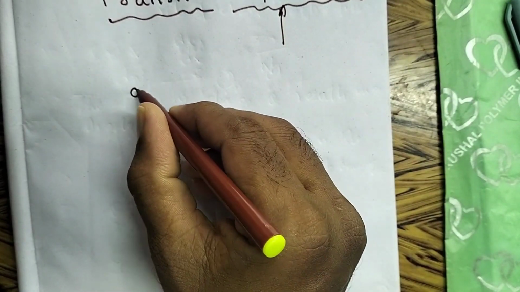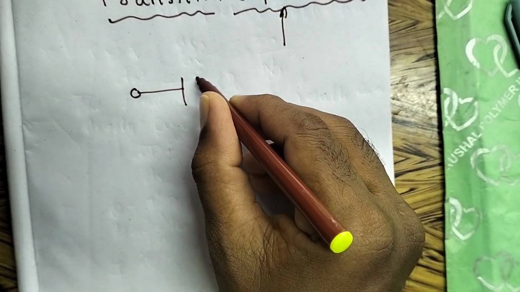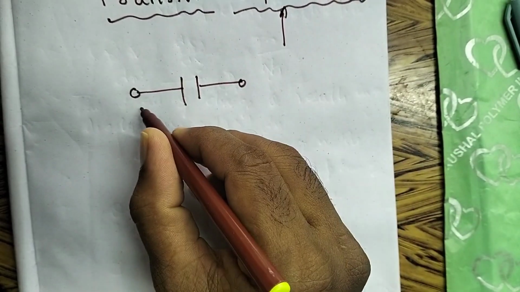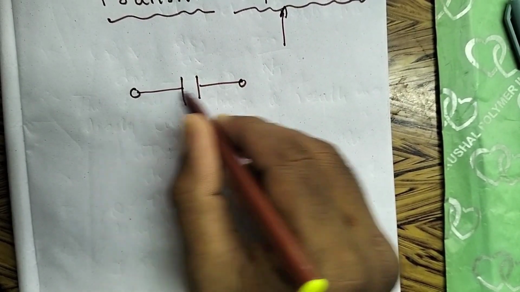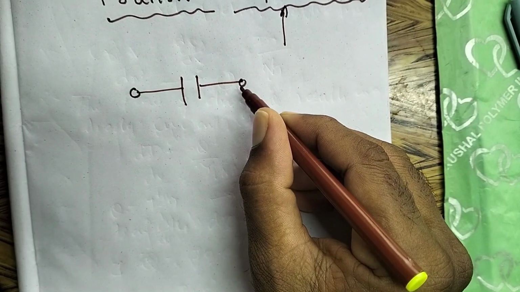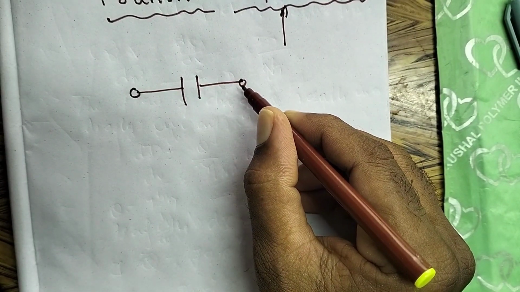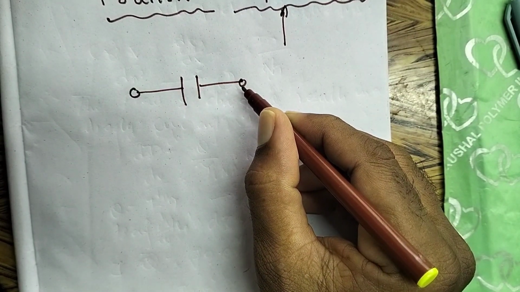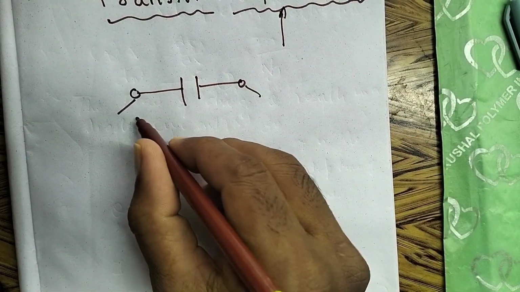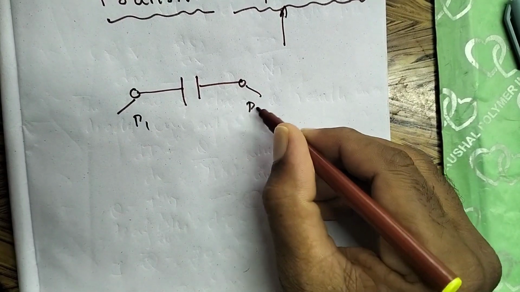Just take the capacitance symbol like this, with two parallel plate conducting materials. So these are the conducting materials. This is plate 1 and this is plate 2.